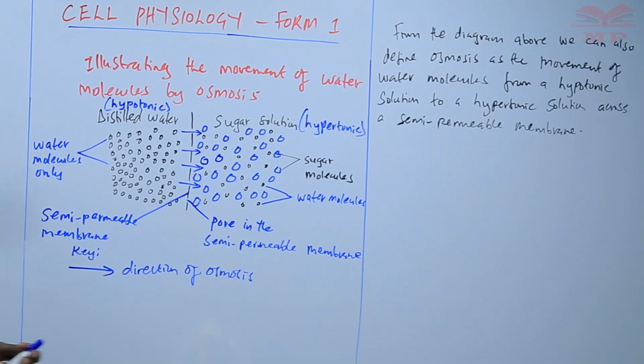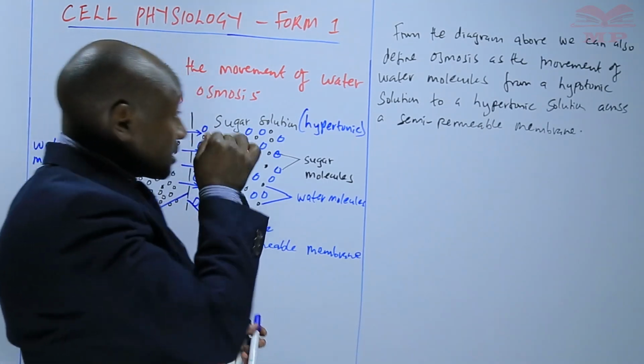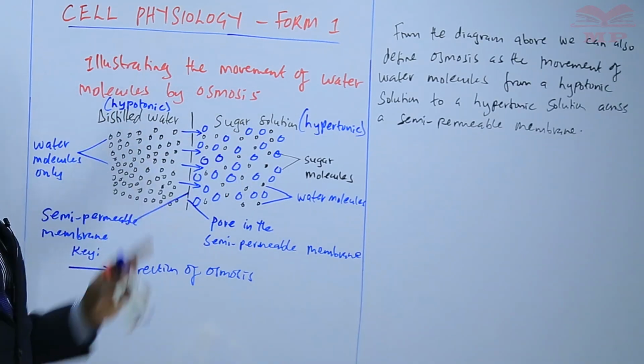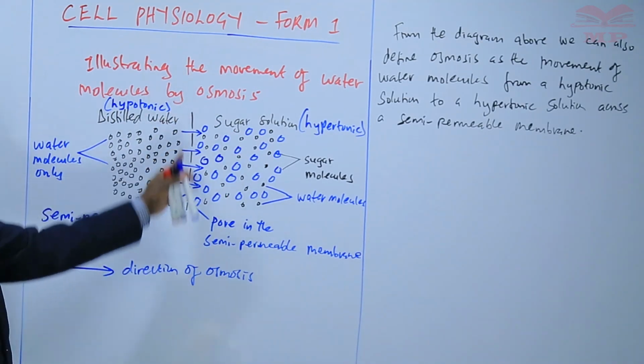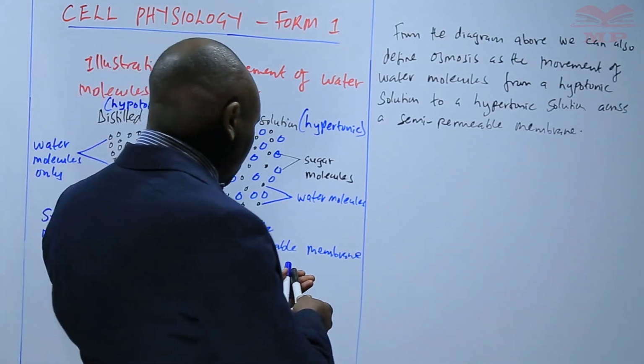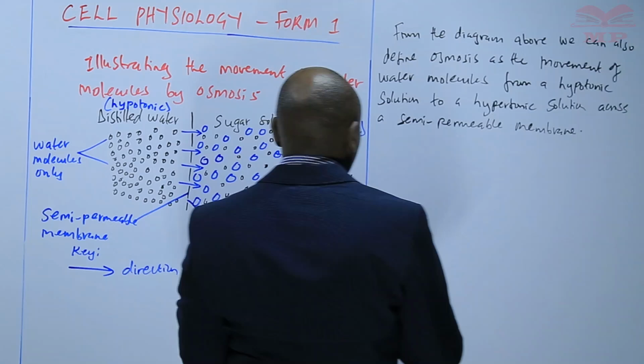So we can also say that osmosis takes place from a hypotonic solution to a hypertonic solution across the semi-permeable membrane.